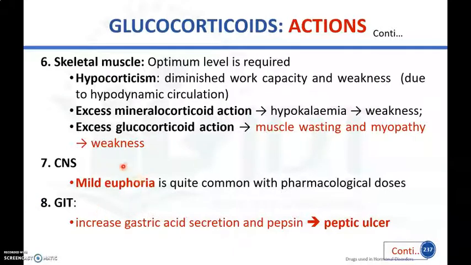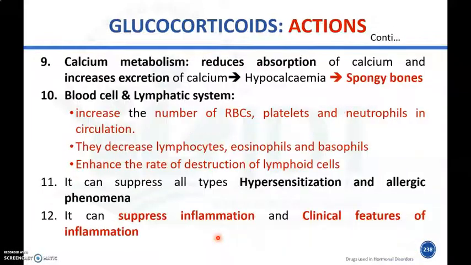In CNS, it may produce mild euphoria, which is quite common with the pharmacological dose. And in GIT, glucocorticoids will increase the gastric acid secretion and pepsin. So prolonged secretion of glucocorticosteroids or prolonged use of glucocorticoid analogs may lead to peptic ulcer. That is one of the adverse reactions of glucocorticosteroid also.